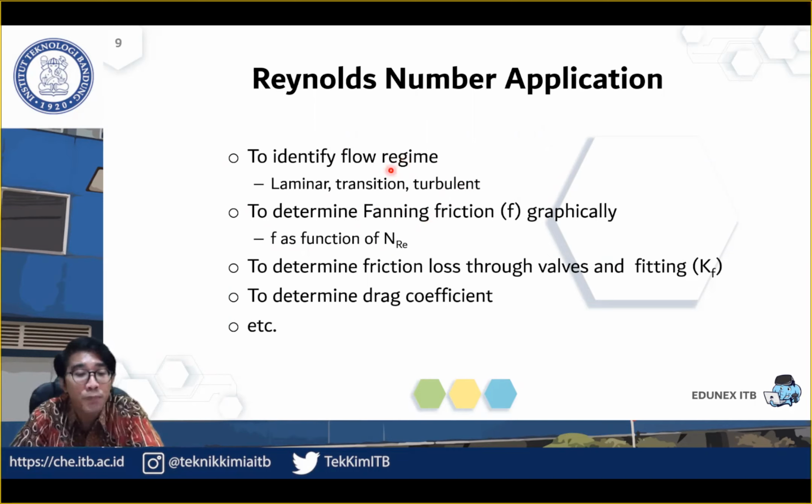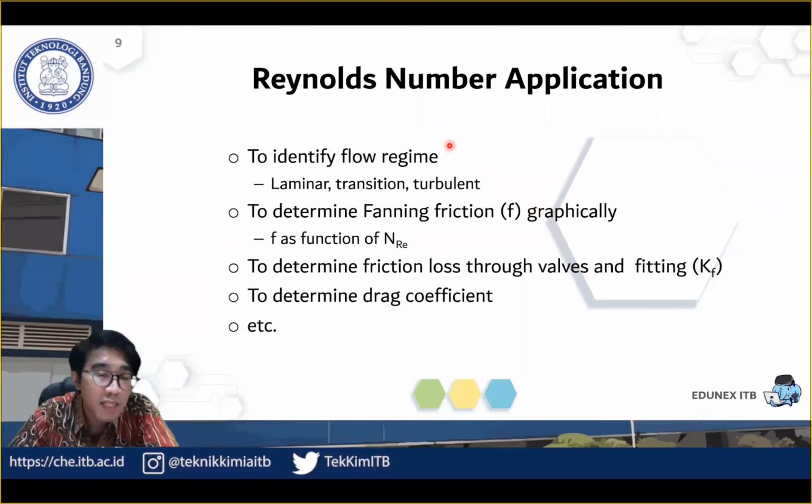Yeah, the flow regime will influence the friction force. So later we will calculate the so-called Fanning friction factor. Ya, jadi kenapa kita perlu menghitung Reynolds number, itu tidak hanya untuk menentukan rejim alirannya saja, tapi dalam perhitungan juga akan digunakan.